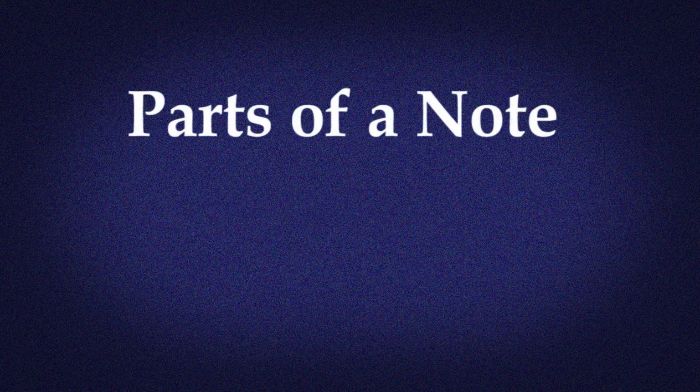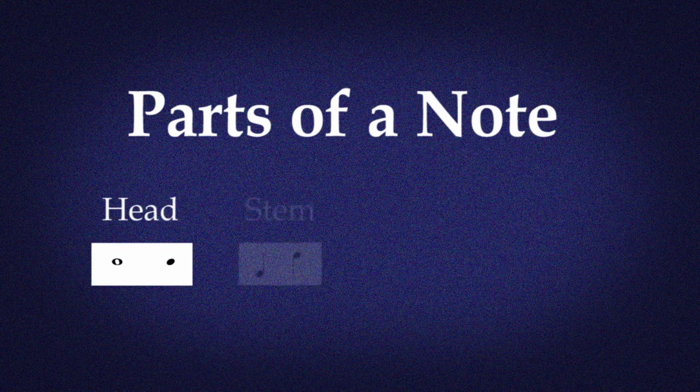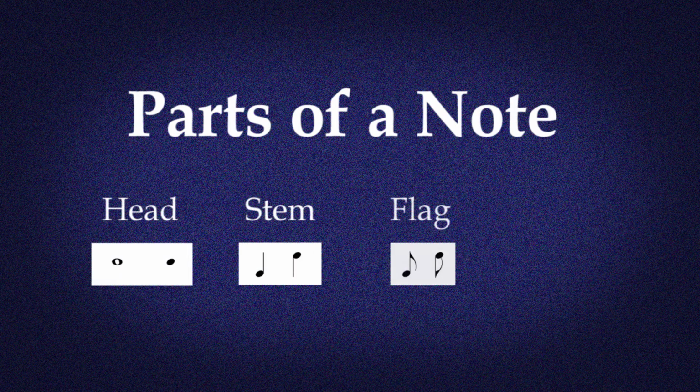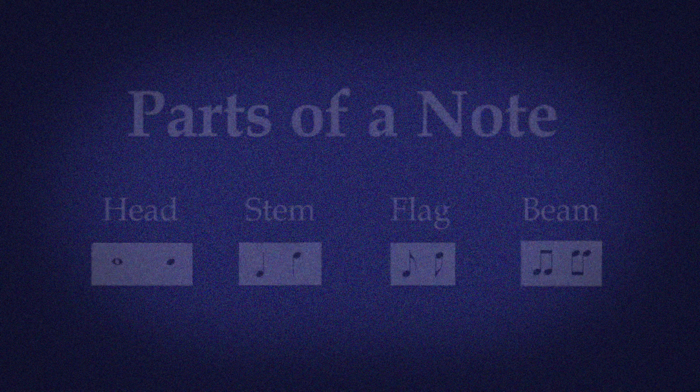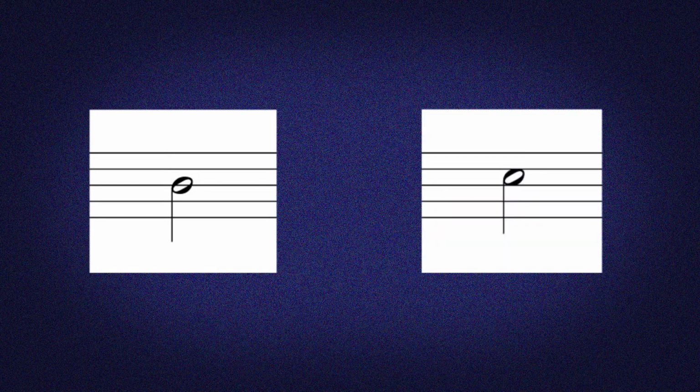Next we'll look at how the notes themselves are written. There are 4 main parts to a note: the note head, the stem, flags, and beams. We're not going to use every part for every note, but the part they all must have is the head. The head will be placed on either a line, so the line goes right through the middle of it, or a space, so the head does not cross either surrounding line.